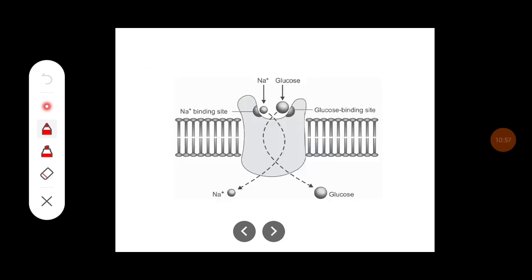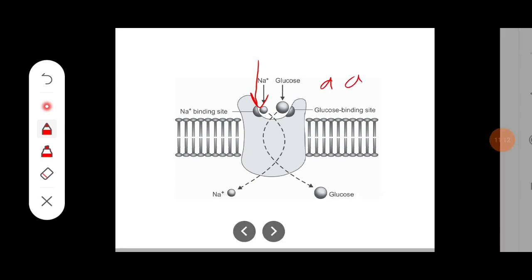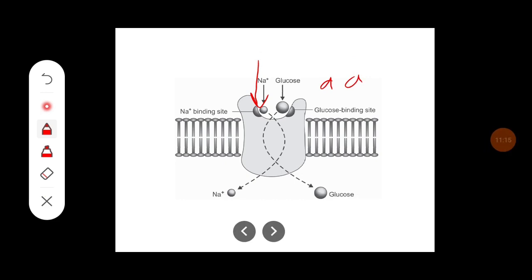So this is the example for secondary active transport, where the sodium, when it moves, moves with another molecule like glucose or amino acid, which leads to co-transport. The movement of sodium occurs mainly because of the concentration gradient created for sodium by the sodium potassium pump activity at the basolateral membrane, which pumps 3 sodium ions out and brings 2 potassium inside.